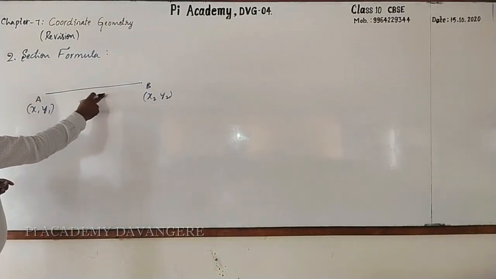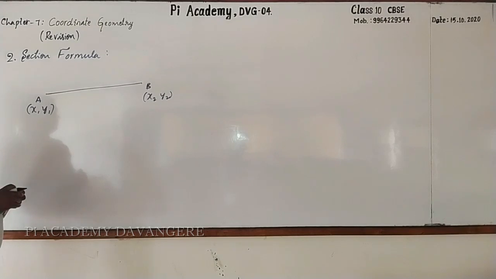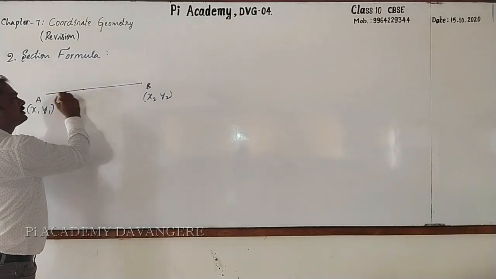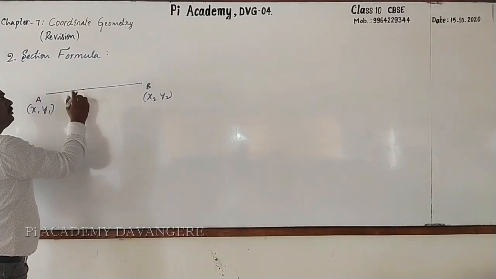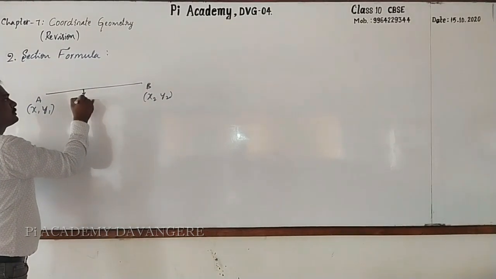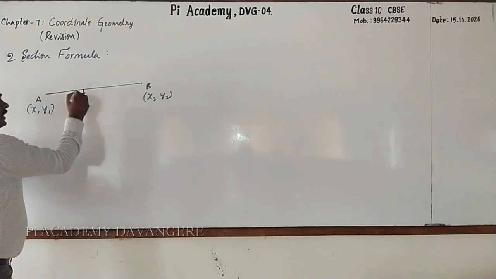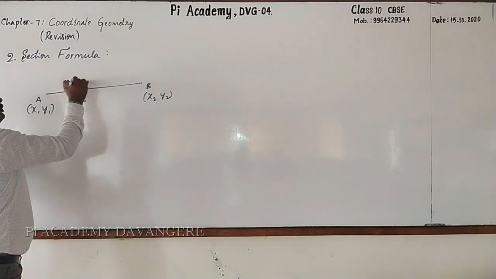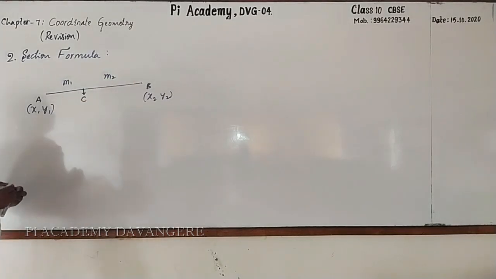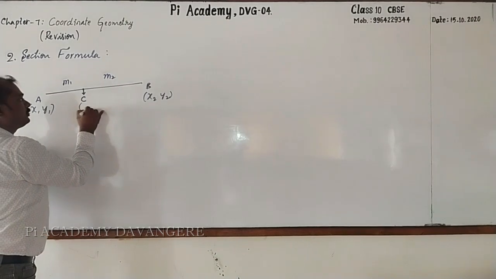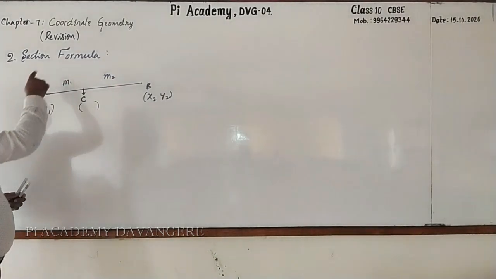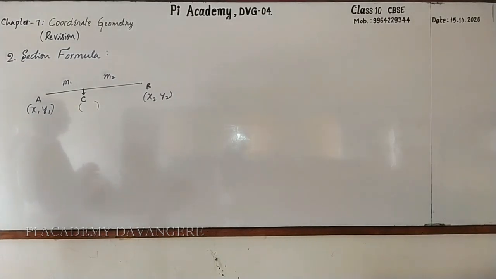There is a line segment which joins A and B. We are going to mark a point on AB somewhere, but it should be on AB. Call this point C and assume that this point divides AB in some ratio. You may take that ratio as m1 and m2. Followed? Now we have to find out the coordinates of C. To find out the coordinates of C, we use section formula.